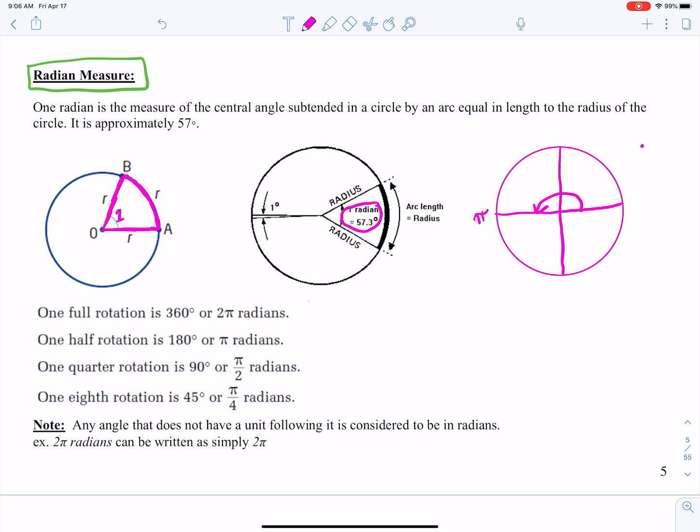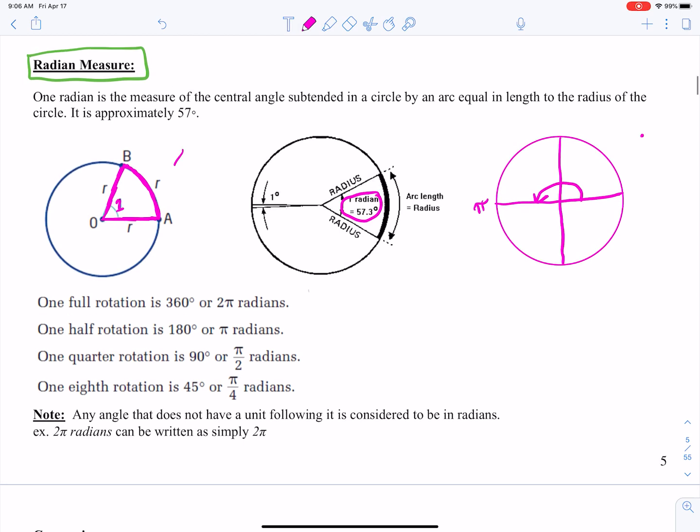So if you take a look at this circle on the left here, I could fit about 3 radians in here. Here's one, here's one, here's one, and it's exactly pi radians. So 3, and we know it's approximately 3.14. So here's 1, 2, 3, and a little bit, but it's exactly pi radians.